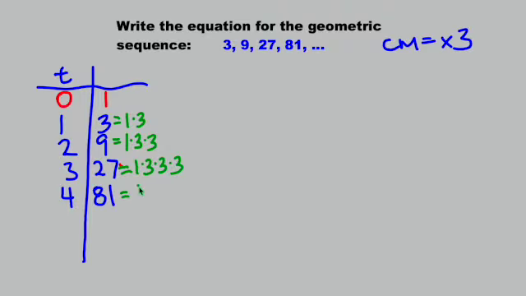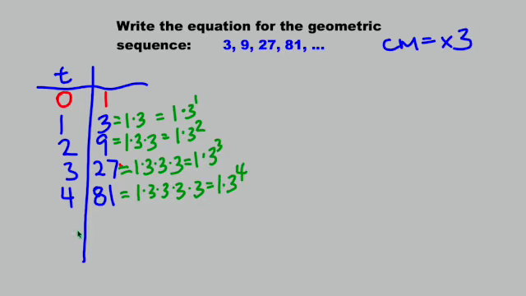And this would be 1 times 3 times 3 times 3 times another 3. And how we would write this is, this is 1 times 3 to the first power. This is 1 times 3 squared. This is 1 times 3 to the third power, and this would be 1 times 3 to the fourth power.